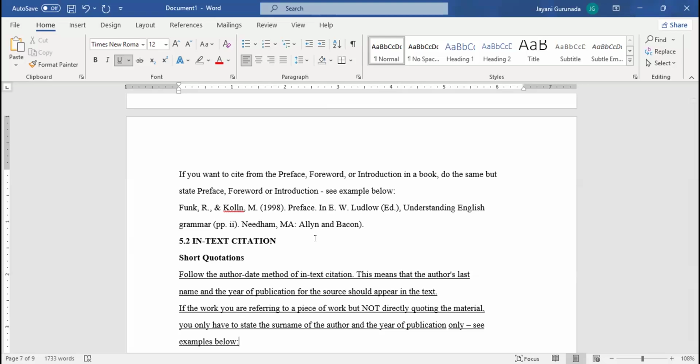Look at this: Funk, R. and Colin, M., year. Preface is what was taken from a book. In E.W. Ludlow, editor, Understanding English Grammar is the name of the book. Pages 2, Needham, again the place where it was published. Right? Okay. Next one.